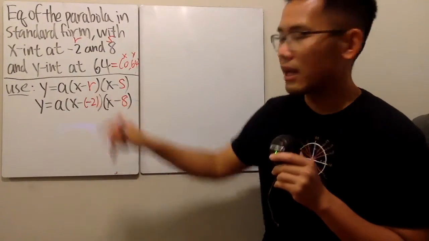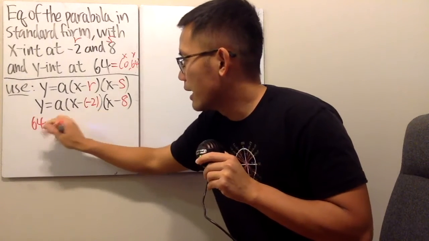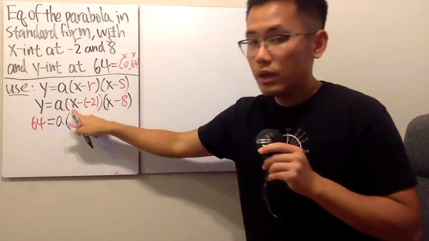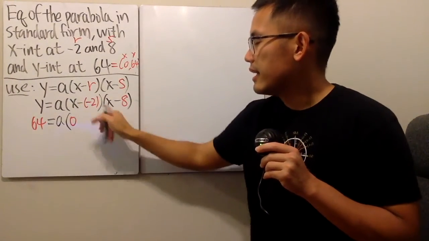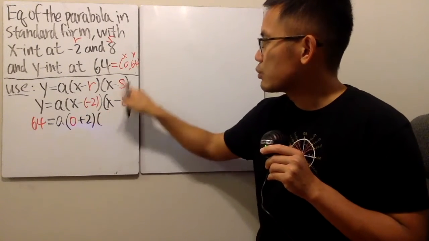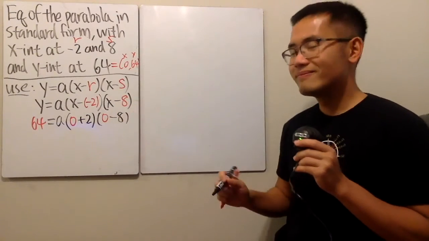Then we just have to plug in. Have a look. Put the 64 for the y, and that's equal to a, which we don't know. Well, the x we do know is 0. Negative and negative is plus, right? And then we have the 2. And then the x right here is 0. And then again, we have the -8 like this.